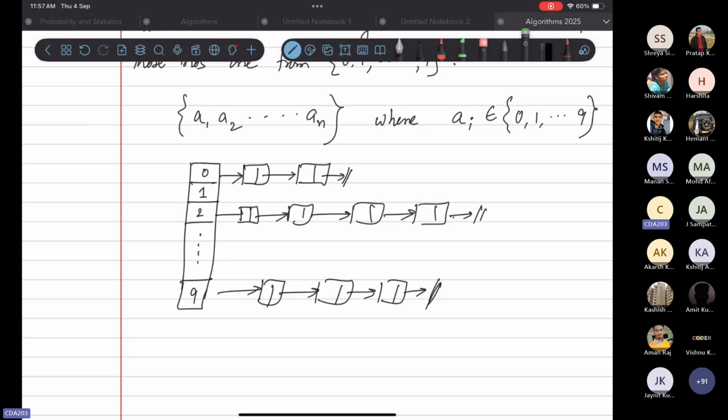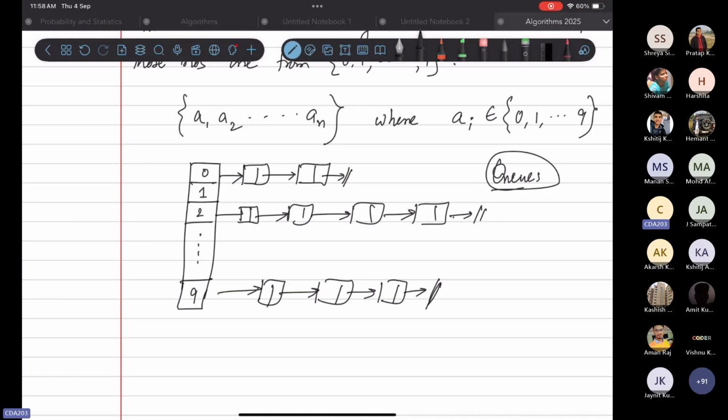You know stacks and queues also. Do you know what a queue is? What a stack is? Okay. So think of these things as queues. Yes, LIFO, FIFO, and all of this.